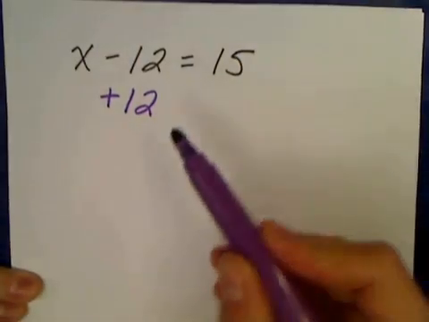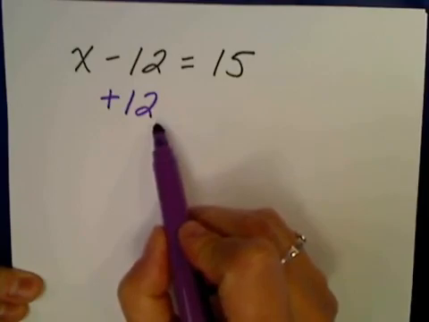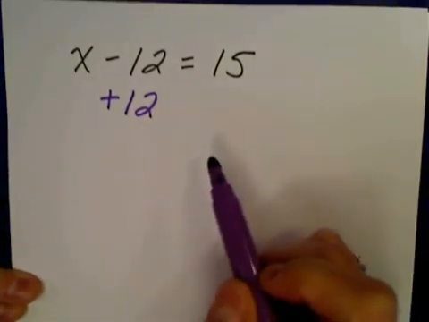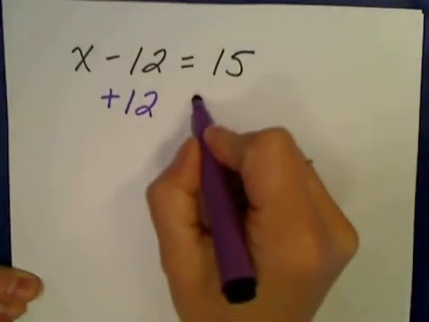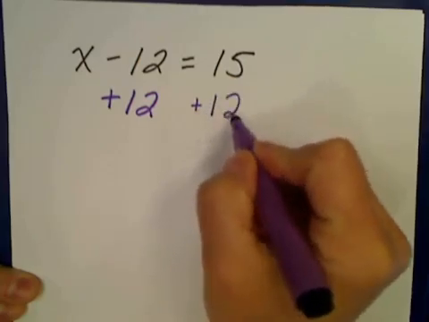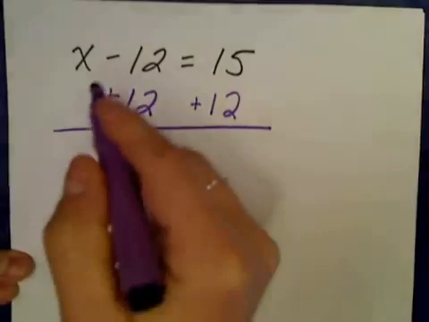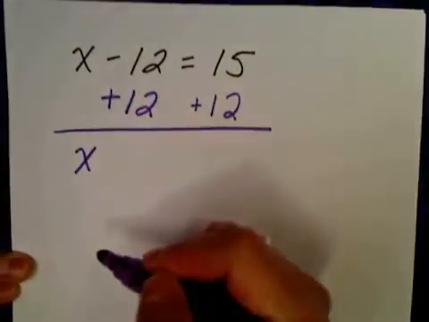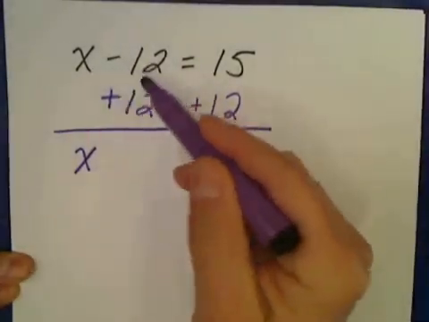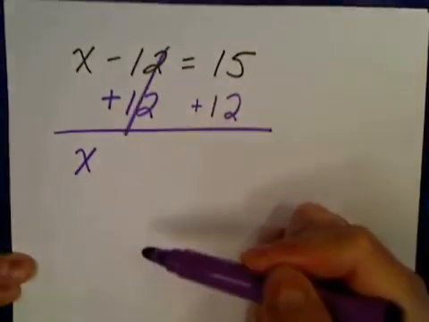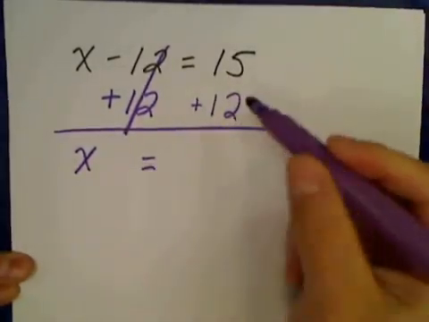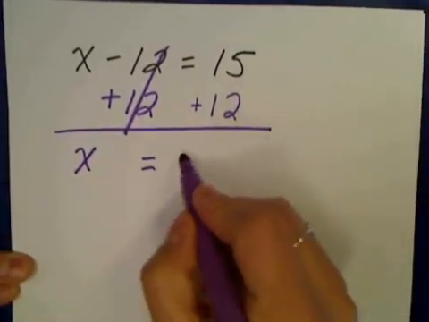Now we can't just add 12 on this side because now our equation wouldn't be balanced. So whatever you do to one side, you have to do the exact same thing to the other side to keep your equation balanced. The x comes along because we didn't do anything with it. Once again, a minus 12 and a positive 12 cancel each other out, and you have equal on the other side, your simple addition to get 27.